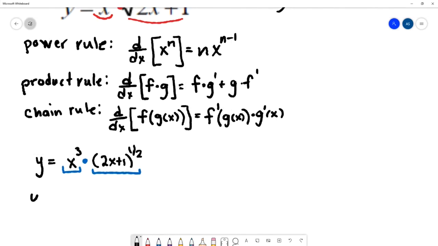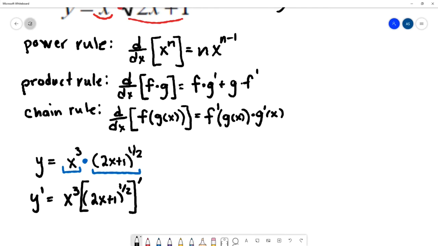So the derivative following the product rule will be the first factor times the derivative of the second factor. So I need to calculate the derivative of 2x plus 1 to the 1/2 power. I'm not going to calculate the derivative right now because I want to make sure that I finish up the entire pattern for the product rule.